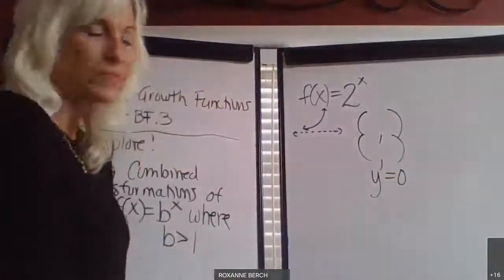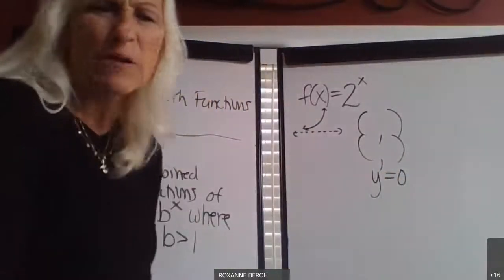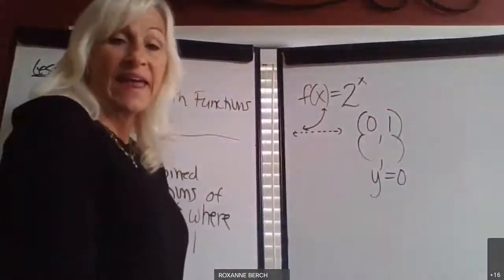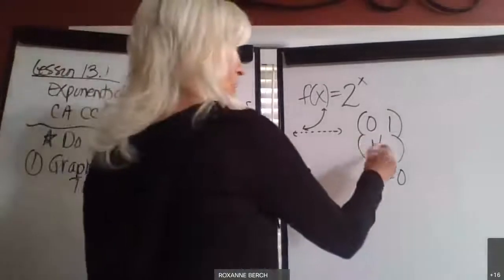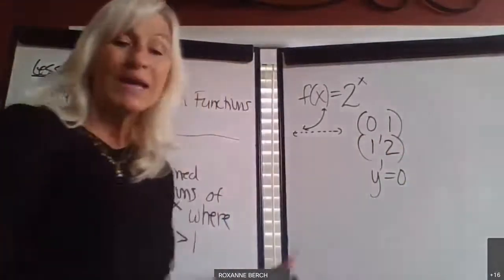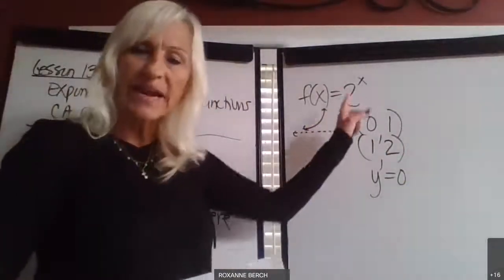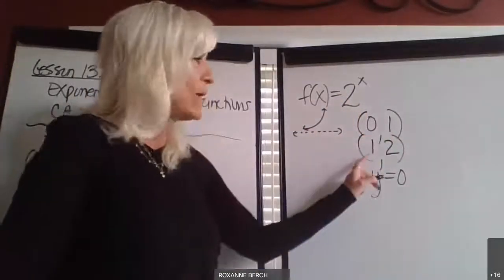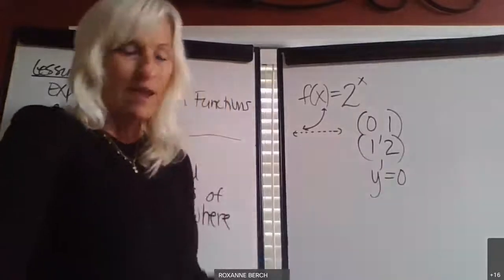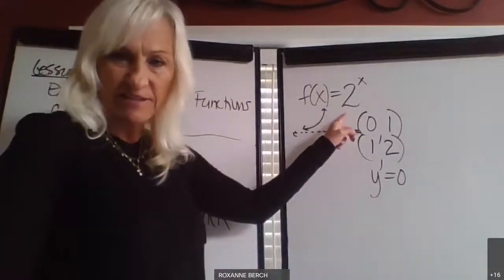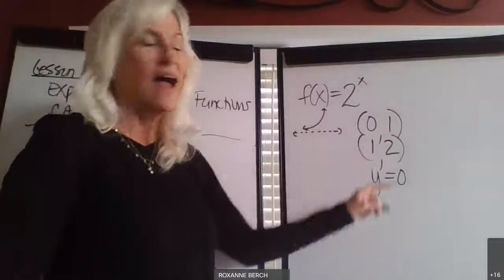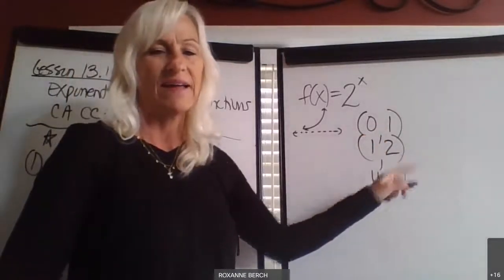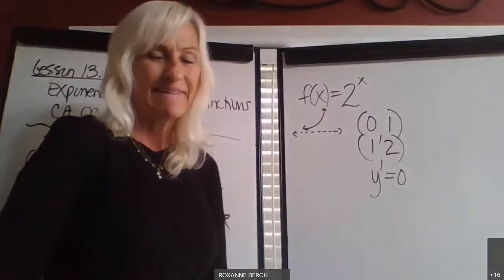I would always pick 0 because 2 to the 0 is 1. And then I would pick 1. So 2 to the 1 is 2. Now notice that if this was 3 to the x it would still be 0 up 1, and it'd be right 1 up 3. If this was 5 to the x, it would be 0 up 1, and this would be right 1 up 5, right?